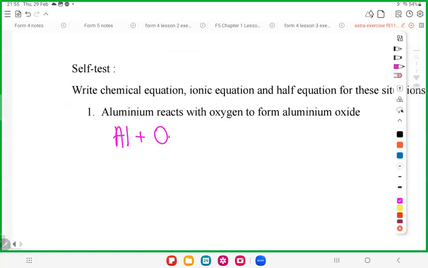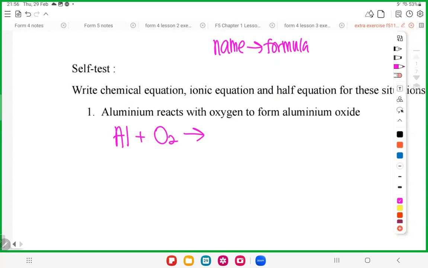So aluminium react with O2. When aluminium react with oxygen, you will get aluminium oxide. So how to know the formula for aluminium oxide? We can convert a name to formula, provided we know the charge, isn't it?